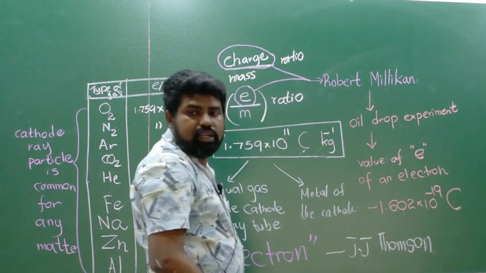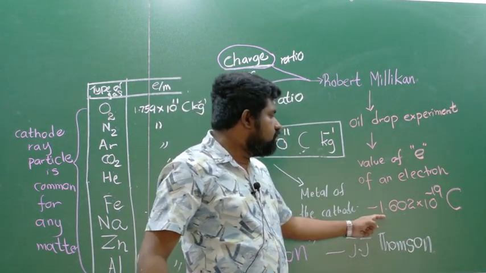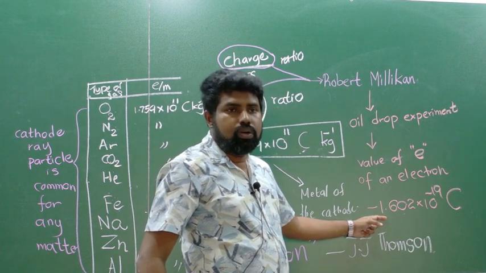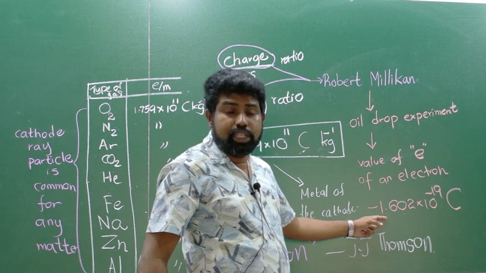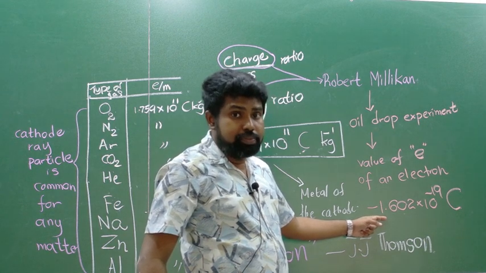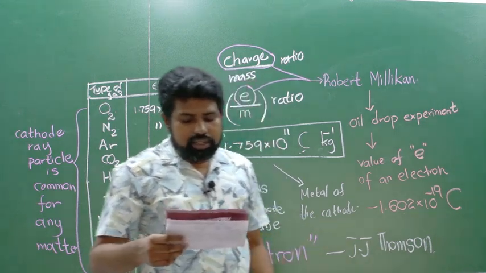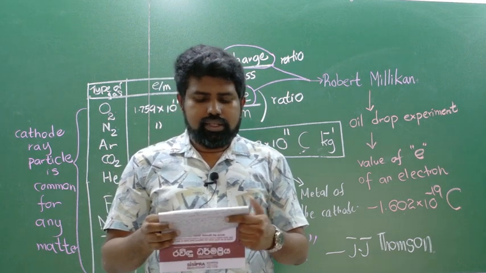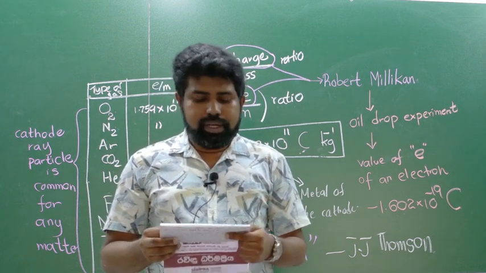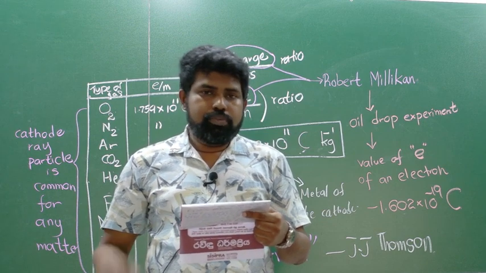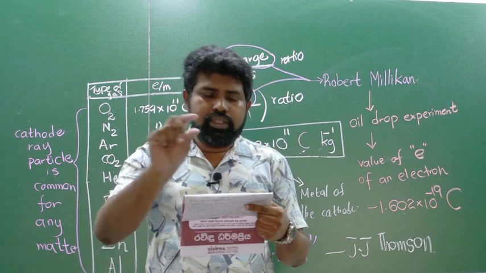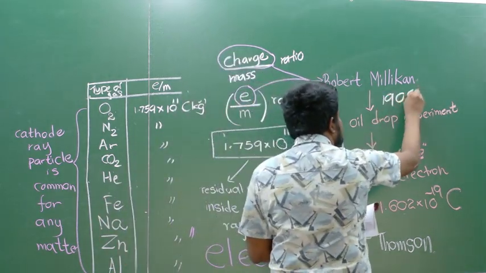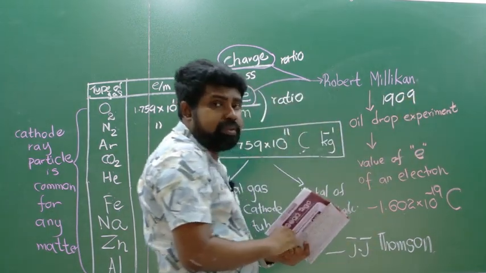This was the numerical value of the charge of an electron, found by Robert Millikan by his oil drop experiment. Okay, write down. This is very important, you have to write in red pen. Put a star. No need to remember the name. This was found in 1909, but do not remember the year.